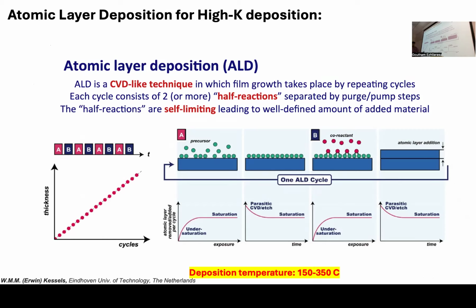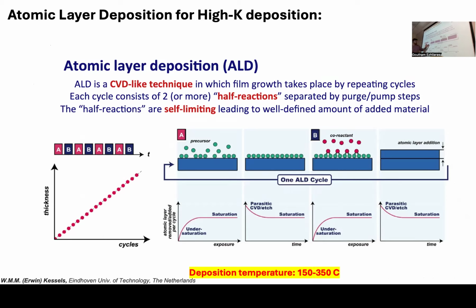In each cycle, you deposit a molar layer, and by having a certain number of cycles, you can deposit a certain fixed thickness of material onto your substrate, right? Each cycle is divided into so-called half reactions. The first half reaction is called the precursor reaction, and the second half reaction is called the co-reaction. Then A and B together are called one cycle.